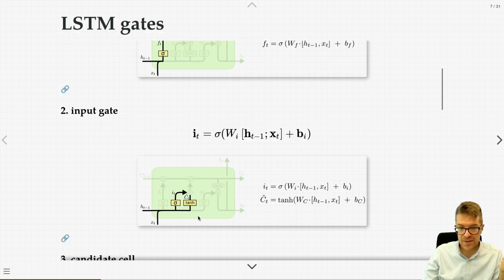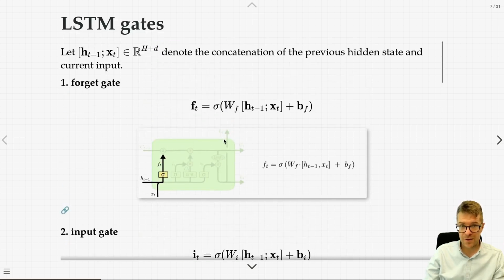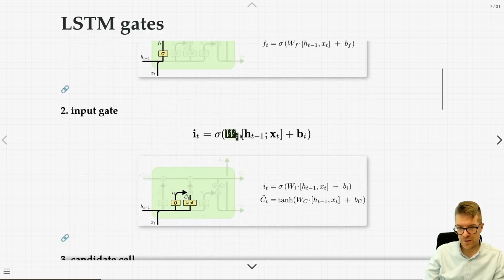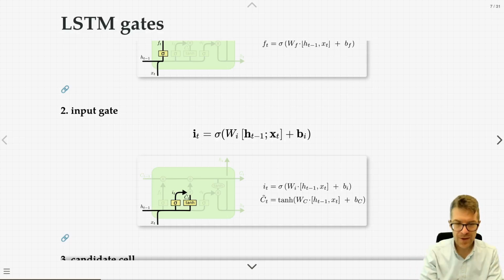The input gate says, we've obtained new information, whatever happened at x sub t, speaking anthropomorphically again. I want to combine it with the short-term context I get from h sub t minus 1. I'm going to pass this through a sigmoid function, the same kind of operation we saw a moment ago in the forget gate. We still have learned parameters w sub i and the bias b sub i. But in this case, we're learning what areas of C to write to.